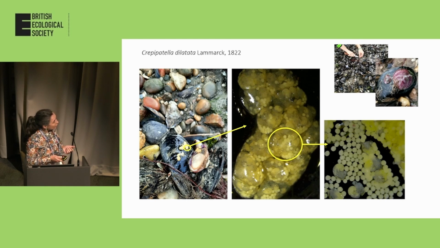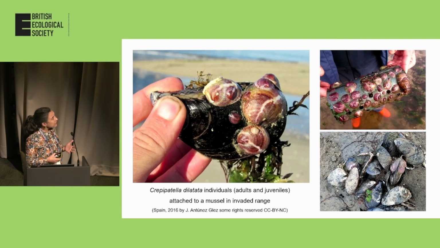And when we started to look at the region, we were trying to understand with the local fishermen if they have had problems. In Galicia, because there is heavy Mytilid aquaculture, mussel aquaculture, they already started to have some problems.